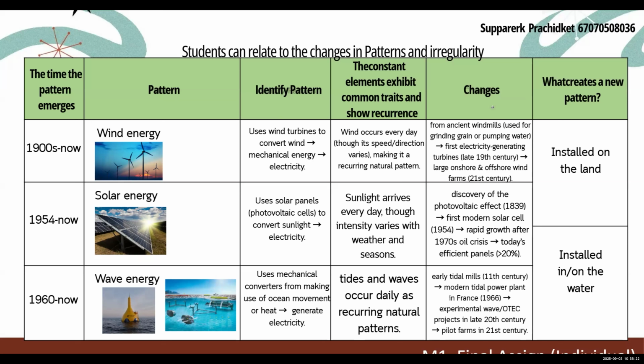Solar energy can be installed in places like the desert in China, and solar energy can also be installed on water, but wave energy must be installed in the water because of the ocean, which makes waves all the time. For wave energy, early tidal mills were made in the 11th century, and in France in 1966 the modern tidal power plant was built.